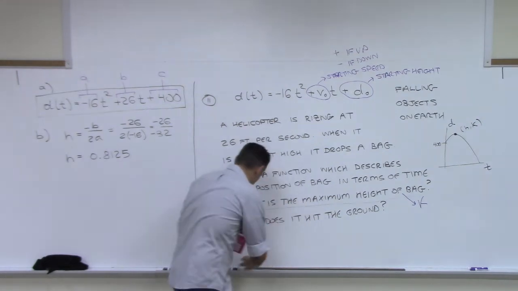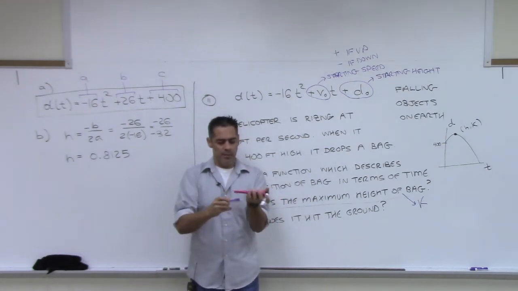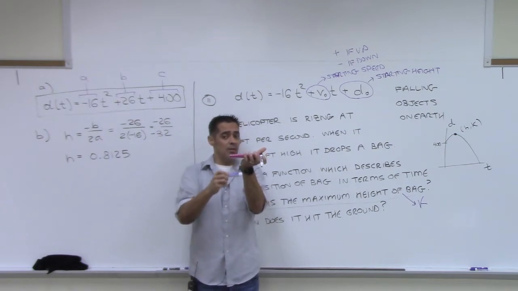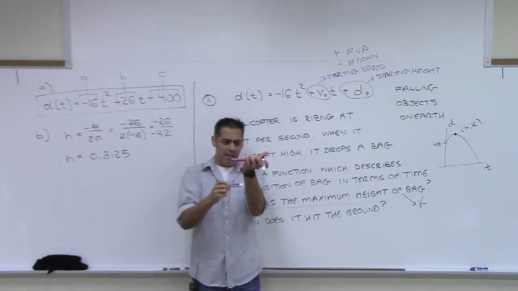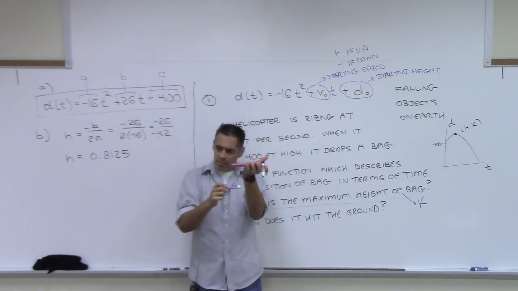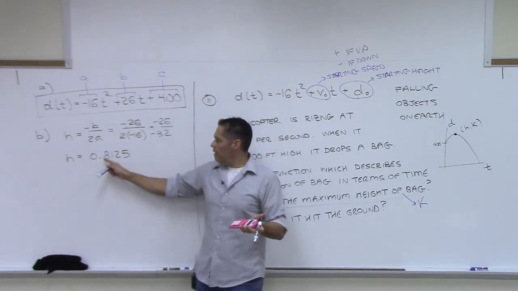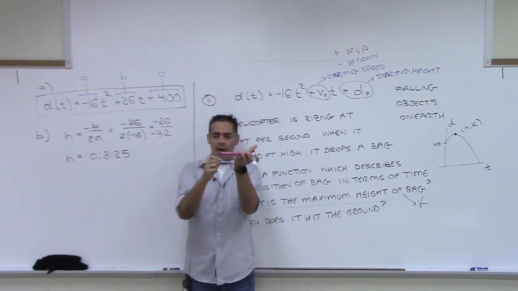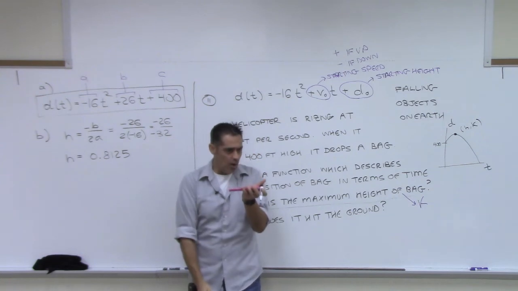So the helicopter lets go of the bag. The helicopter keeps moving up. The bag comes up a little bit and then starts to fall. The time it takes for it to go up and hit the top of its path is 0.8125 seconds to actually reach the maximum height. And then it's going to start to fall.